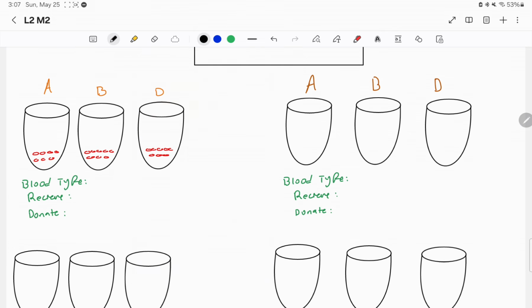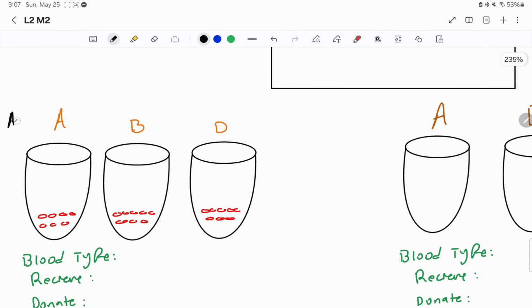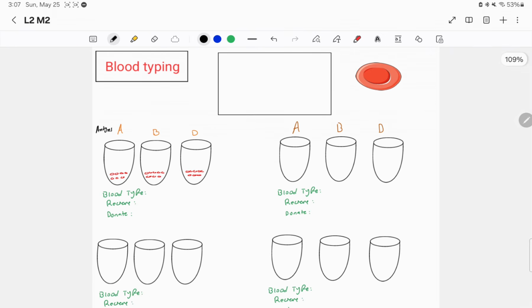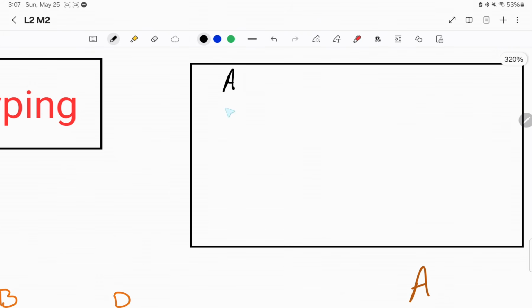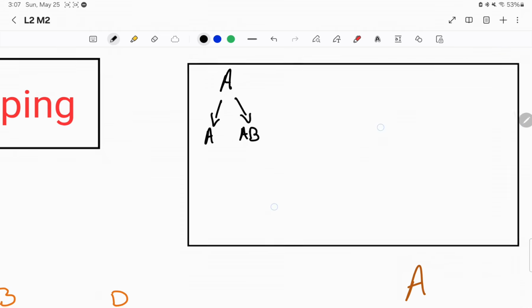So just to clarify, these letters here represent the antigens. Before we get into this example, let's create a little legend for ourselves, so that we can easily refer back to. We can say that blood type A can give to 2 blood types: it can give to A, obviously, and it can give to AB.